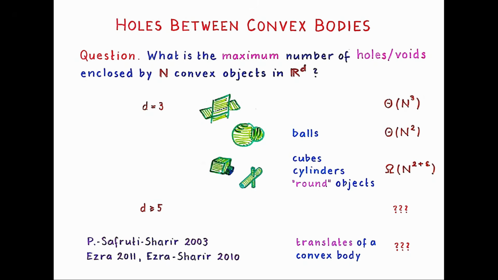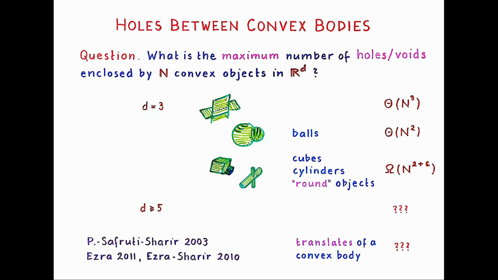And then you would like to say that the number of holes can be only quadratic. The fact that it cannot be bigger than cubic is kind of clear, because if you look at a hole, then every hole has a leftmost point. And that leftmost point is sort of at the intersection of the boundary of three objects.